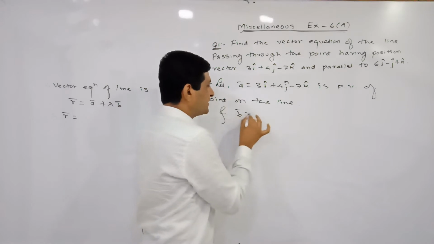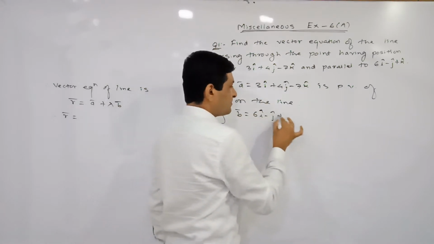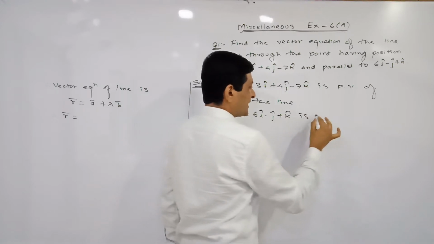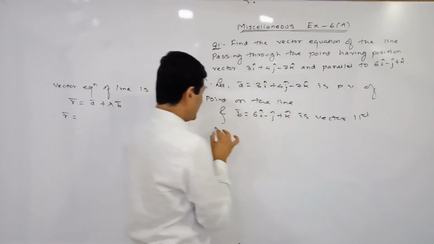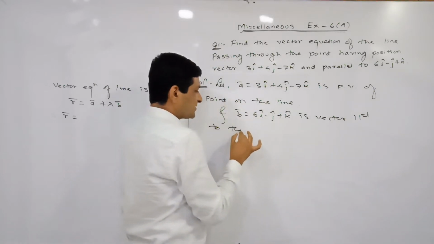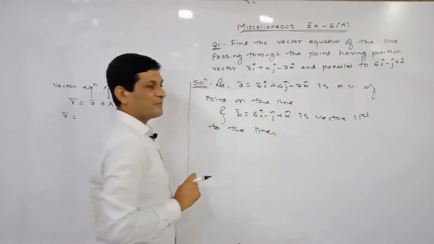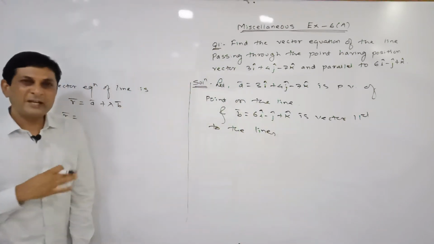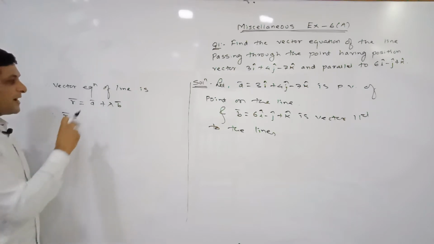And b bar is equal to 6i cap minus j cap plus k cap is the vector parallel to the line. Once these two vectors are known to us, means the values of a bar and b bar are known to us, the remaining part is just to substitute these values in this formula. We will get the required equation of line.